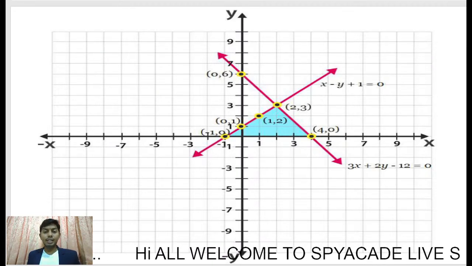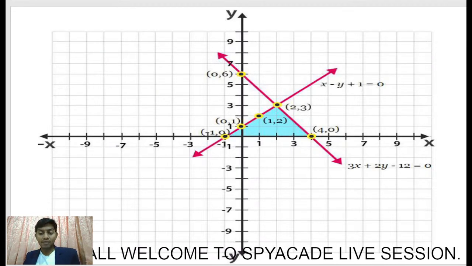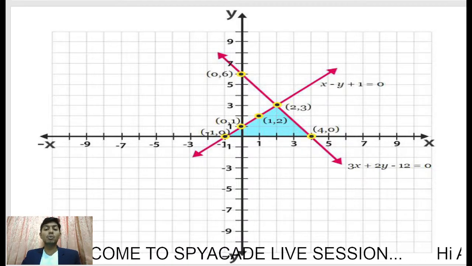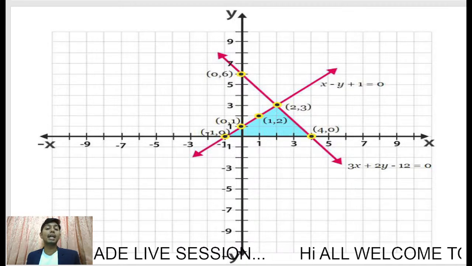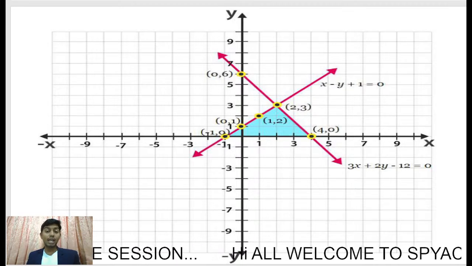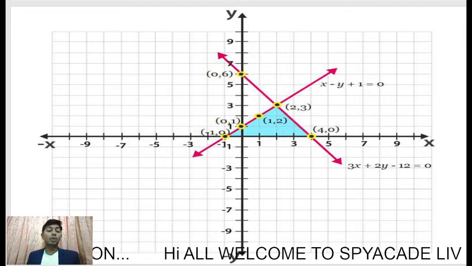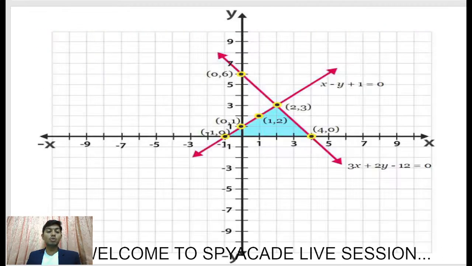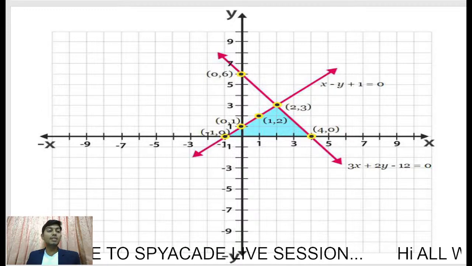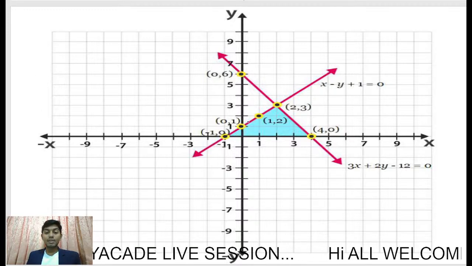So here is the plotted graph. First, you have to draw the x-axis and y-axis. The x-axis has positive x and negative x, and the same way the y-axis has positive y and negative y. For all the points you found, take (0, 1): on the x-axis you find 0 and on the y-axis 1.